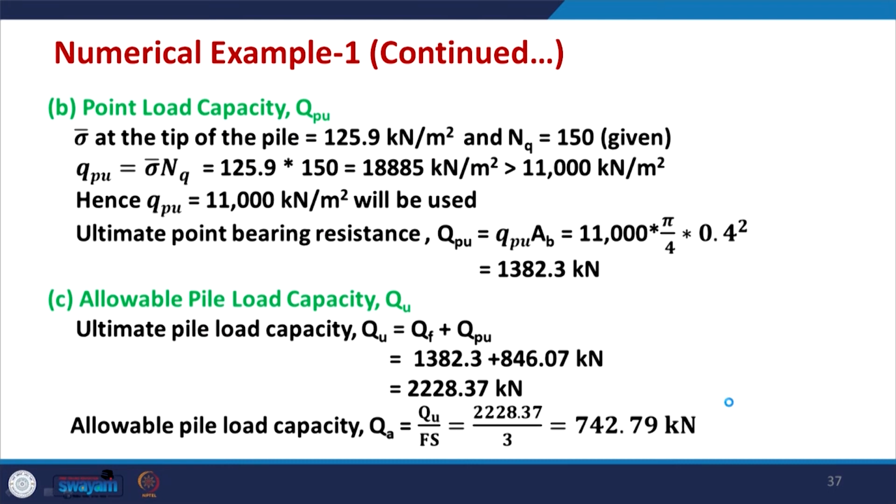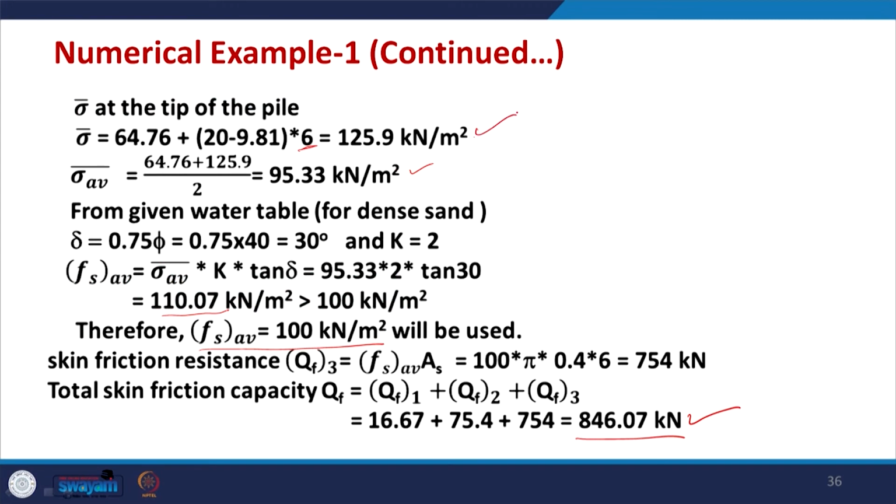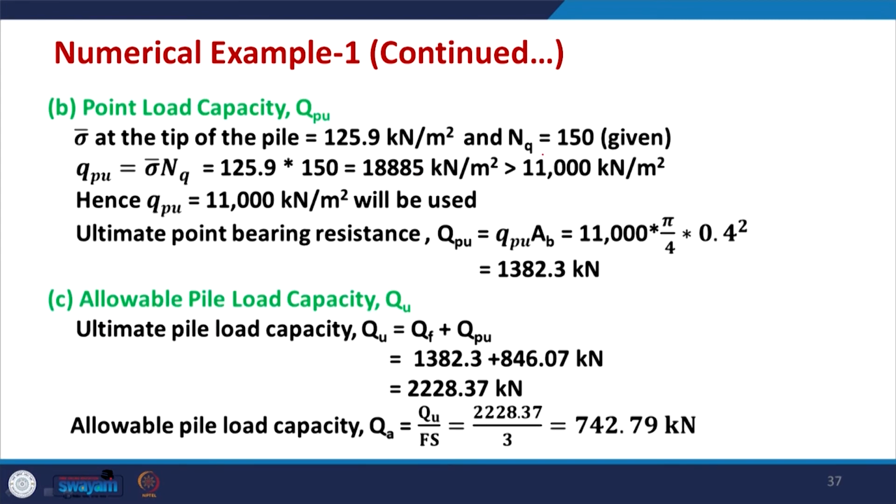Now we work out the point load capacity, which is QPU. When we talk about point load capacity, sigma bar at the tip of the pile is 125.9 kilonewton per meter square as determined here, and NQ is already given as 150. So QPU value will be sigma bar into NQ, which is 18,885.